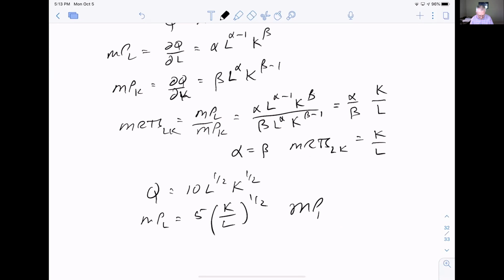The marginal product of capital would be 5 times (L over K) to the 1/2.